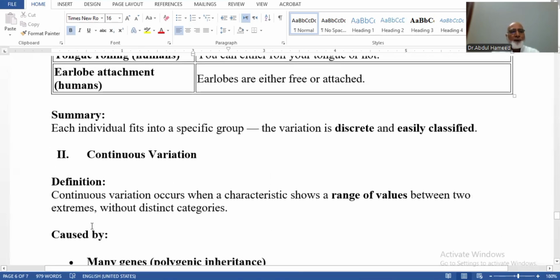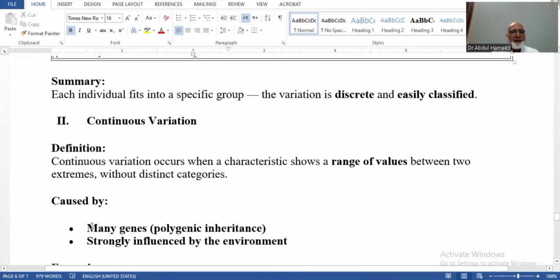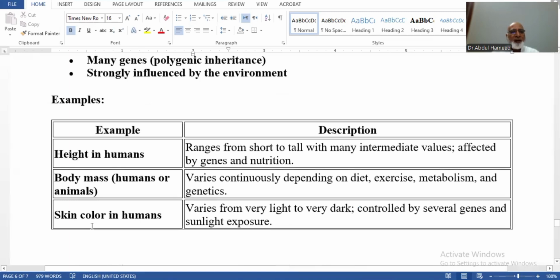In case of continuous variation, the definition is there, causes are there, and examples: height in humans ranges from short to tall with many intermediate values, affected by genes and nutrition. Body mass in humans varies continuously depending on diet, exercise, metabolism, and genetics of the individual.